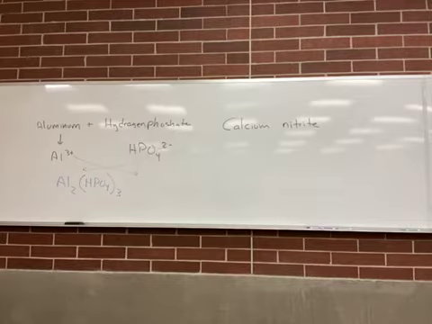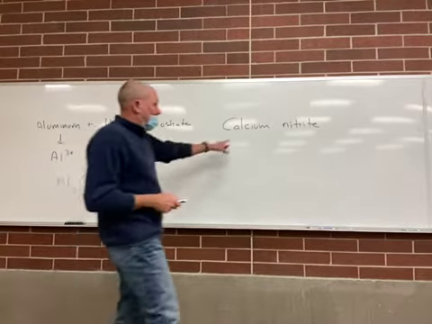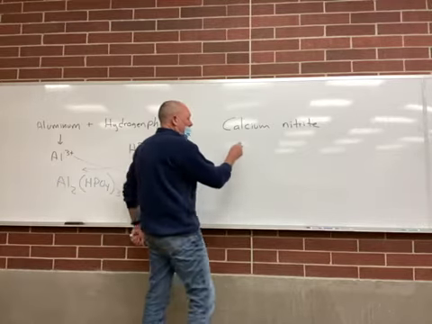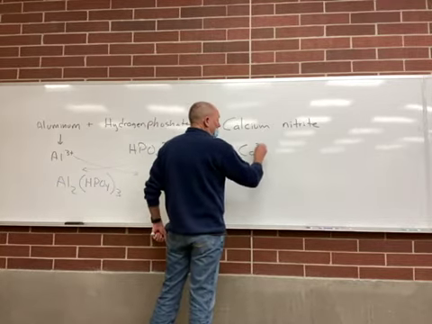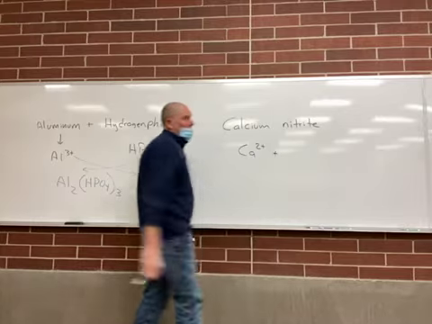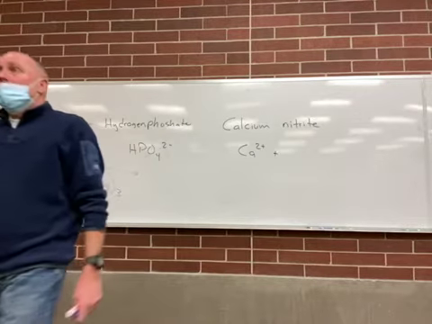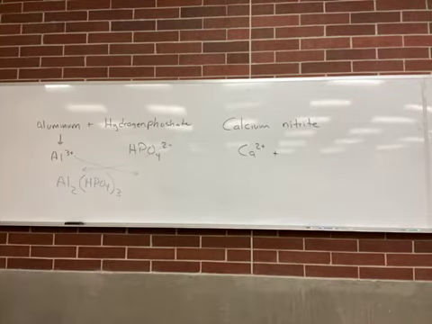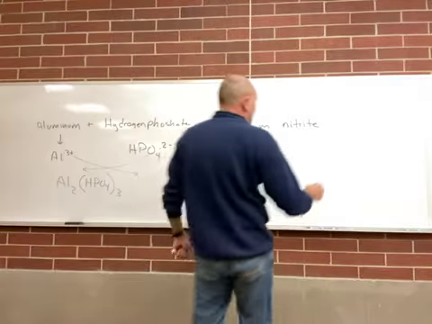Okay, so I had to memorize nitrite. I don't have to memorize calcium. I can just look at the periodic table and I know that it needs to lose 2, so calcium is going to be Ca2+. I did have to memorize nitrite, so I always start with the -ate. Nitrate is NO3-, so nitrite is NO2-.